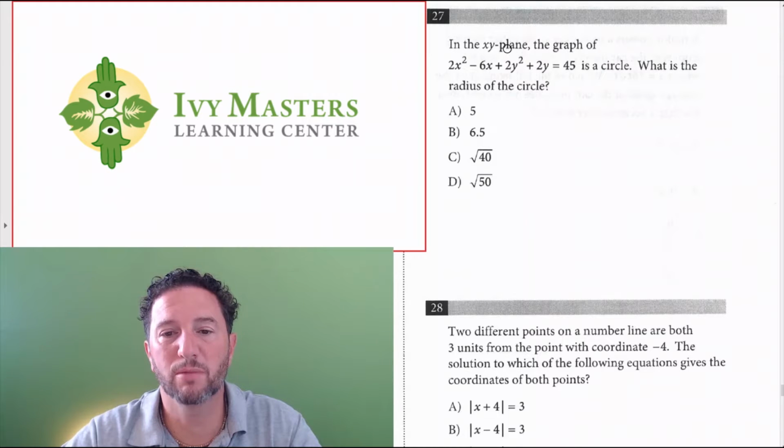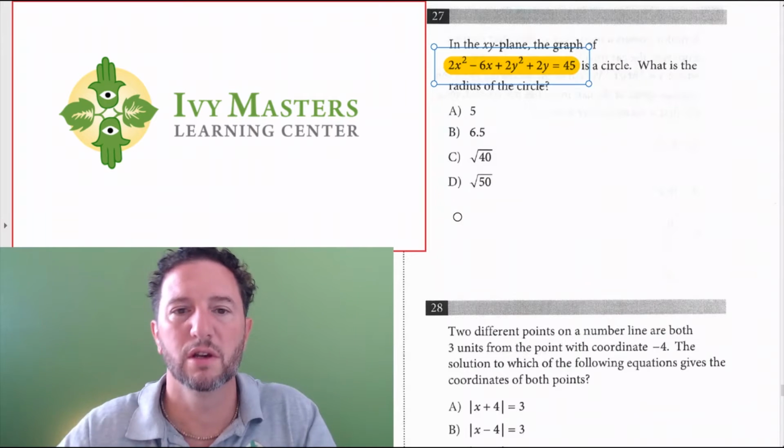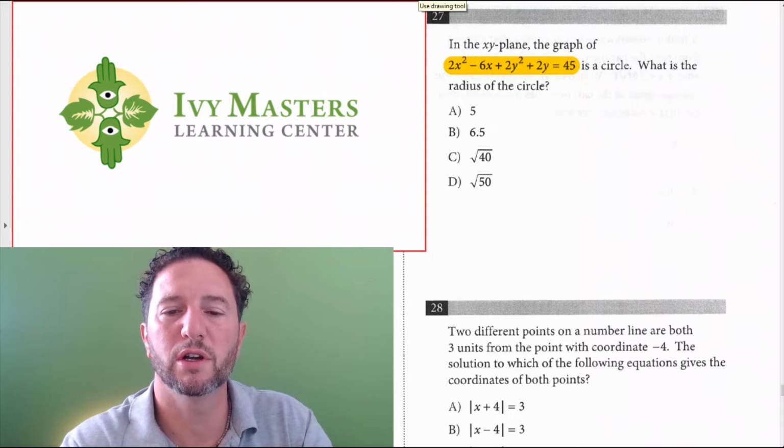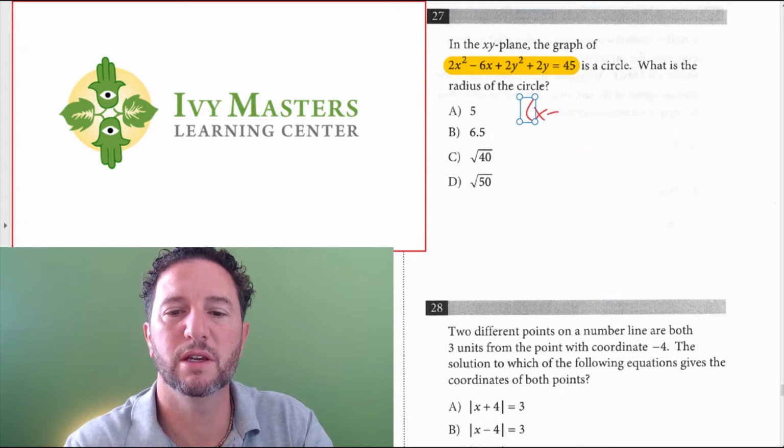27 reads, in the XY plane, the graph of 2x squared minus 6x plus 2y squared plus 2y equals 45 is a circle. What is the radius of the circle? So basically, the standard form for a circle is (x minus h) squared plus (y minus k) squared equals r squared.